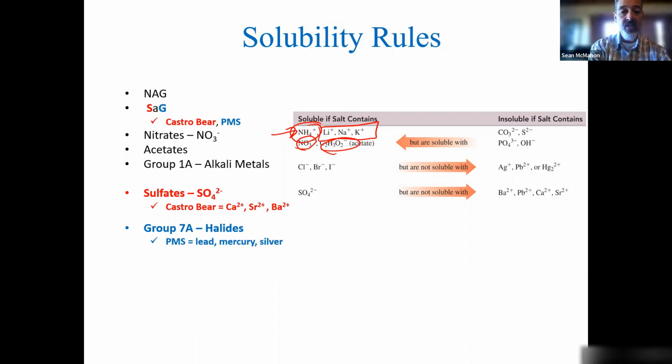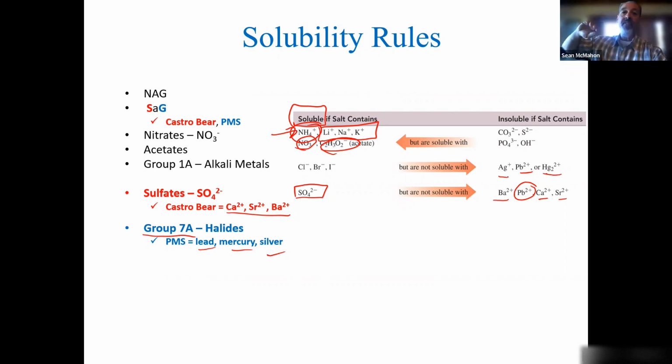So the SAG, sulfates are soluble, okay? Sulfates are soluble except Castro-Bear. And I know that acronym doesn't have lead, but lead too. Lead is another time when it's insoluble. Then with the SAG, group 7A, the halides, PMS: lead, mercury, and silver. It's actually lead 2, mercury 1, and silver.